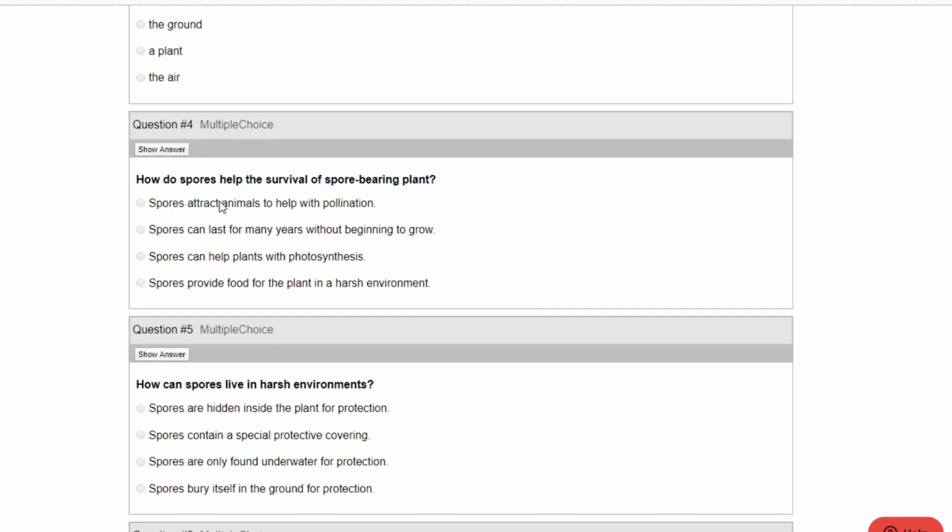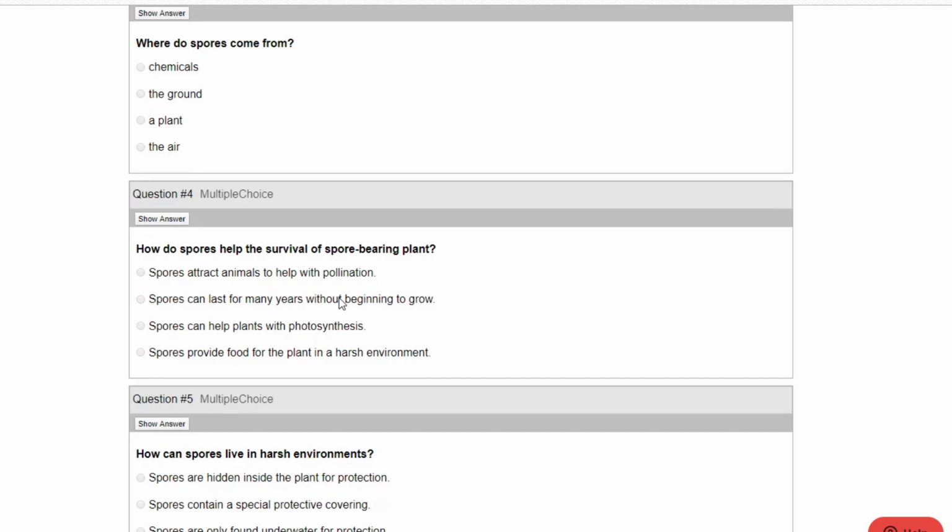Okay. How do spores help the survival of spore-bearing plants? Okay. Spores attract animals to help with pollination. Is that how they do it? Spores can last for many years without beginning to grow. Spores can help plants with photosynthesis. Or spores provide food for the plants in a harsh environment. Which one of these makes the most sense to answer?